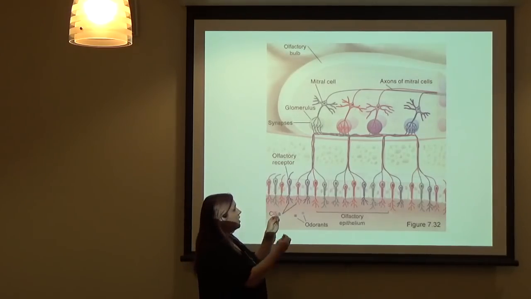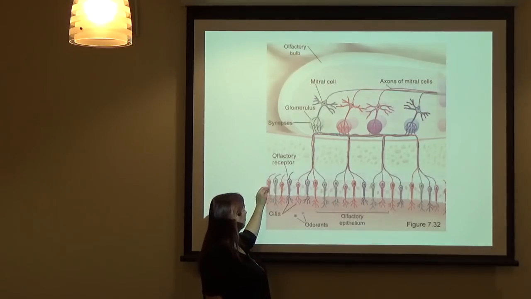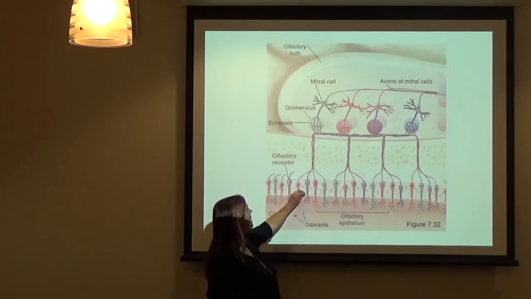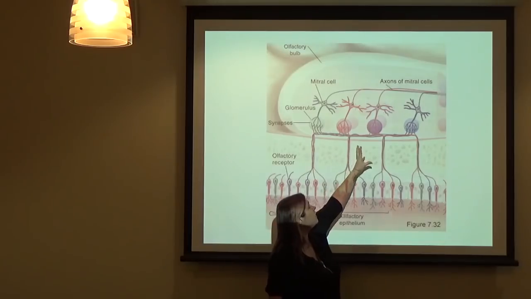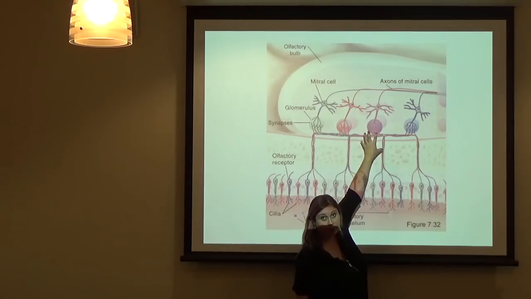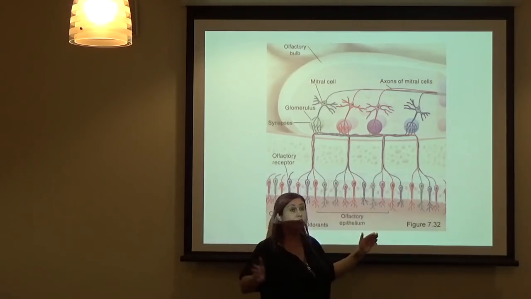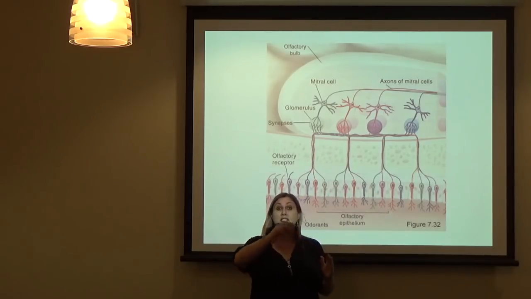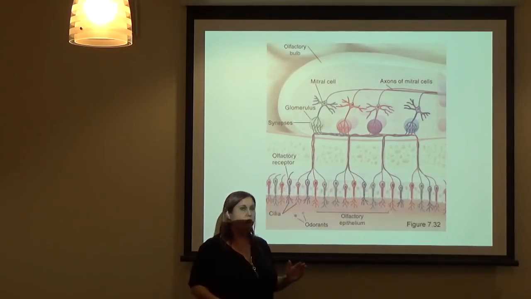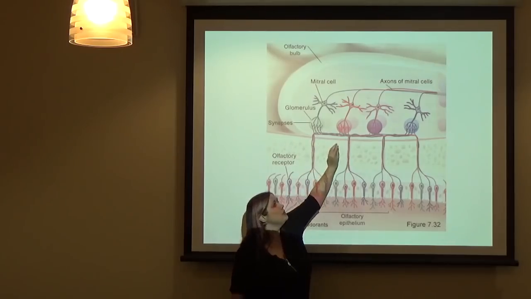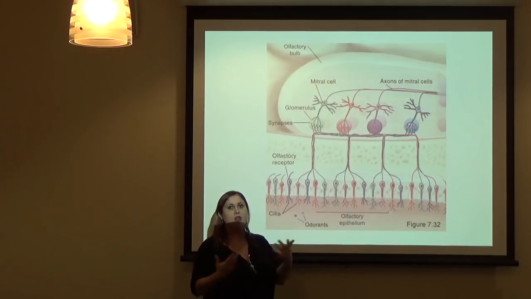So the ones that are for the same smell, let's say it's all for bacon, all the bacon ones send their axons to one glomerulus. And then the other kinds send their information to different glomeruli. So depending on which glomerulus is activated, you're detecting that certain smell, okay?